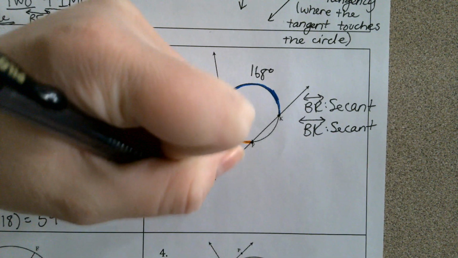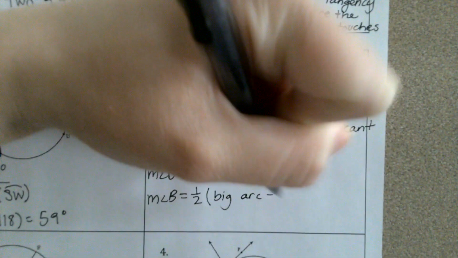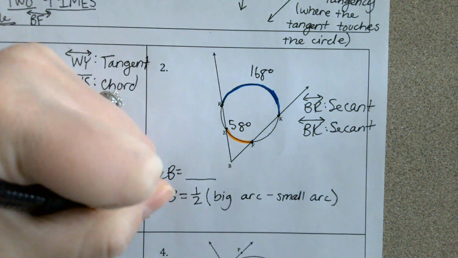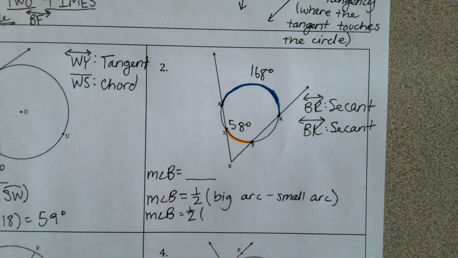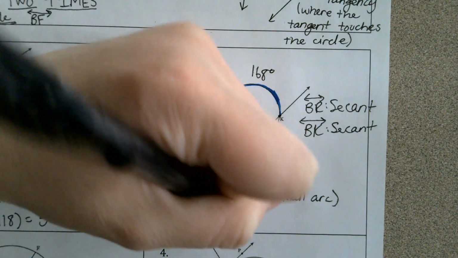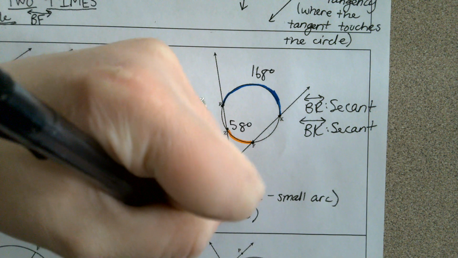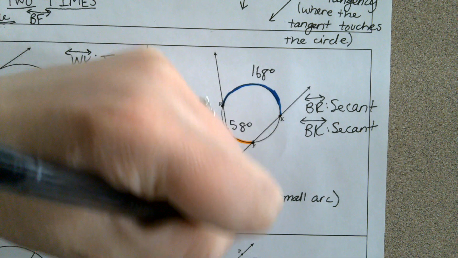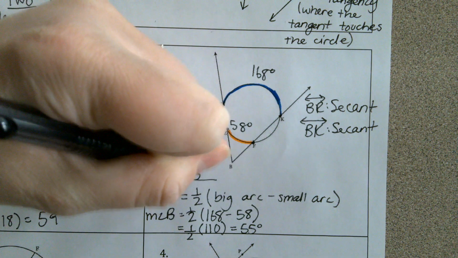It is 1/2 of big arc minus small arc. 1/2, our big arc is 168, minus our small arc is 58. So that is going to be 1/2 of 168 minus 58, which is 110, which is 55 degrees. So angle B is 55 degrees.